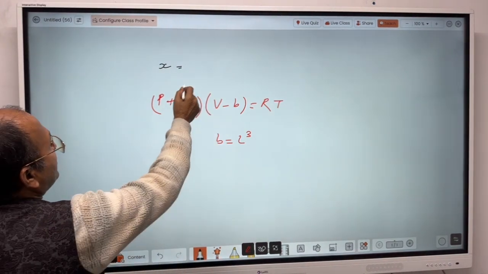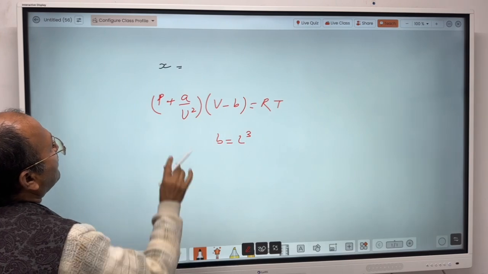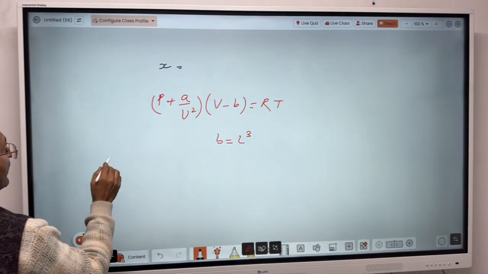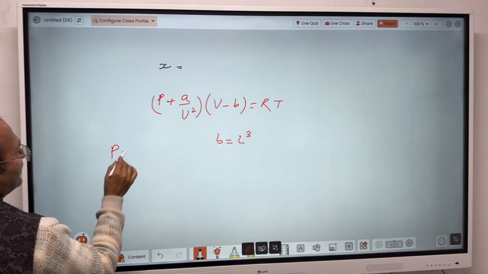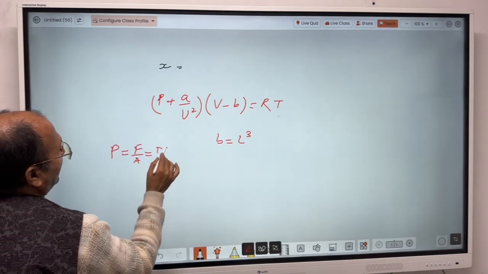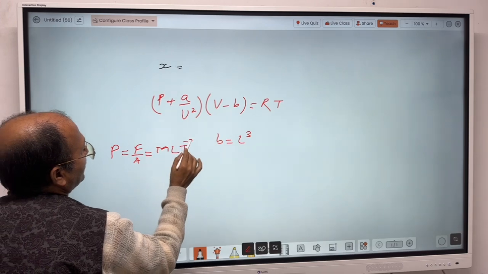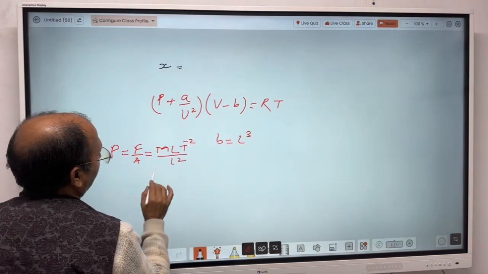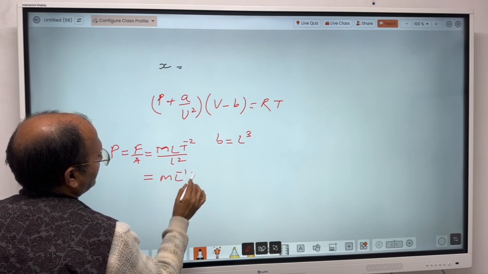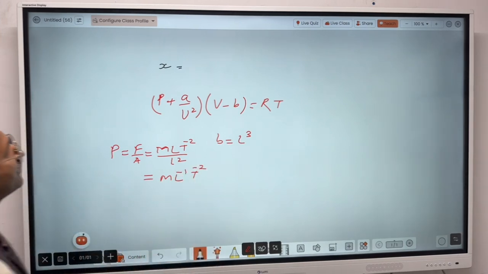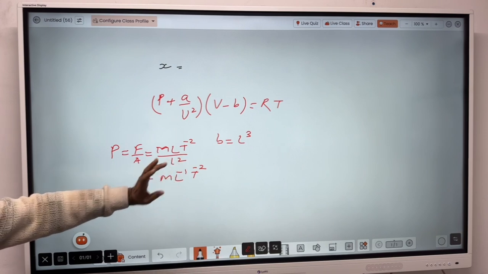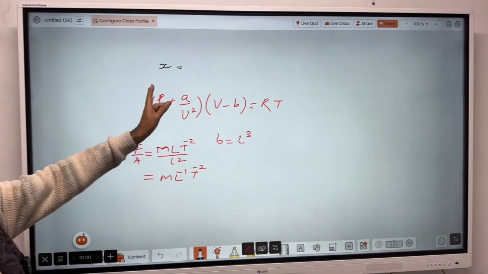Here, this term A upon V square must have the dimensions of P. P is pressure, so let's find out the dimension of P first. This is force upon area. So force is M L T power minus 2 divided by L square. So this will give M L power minus 1 T power minus 2.